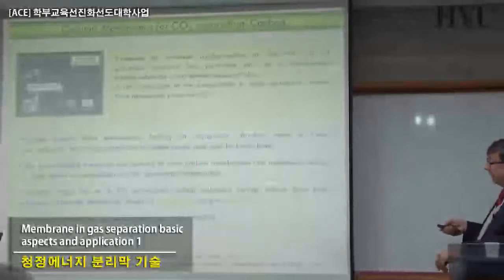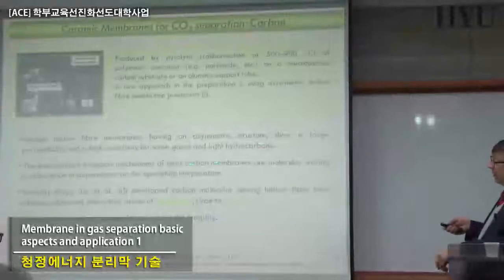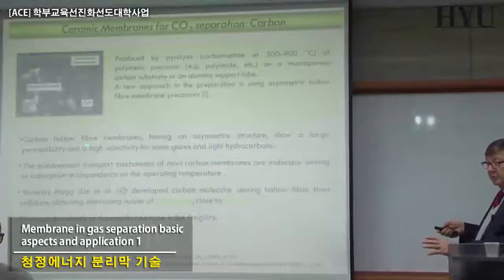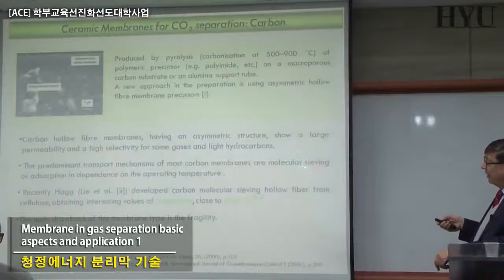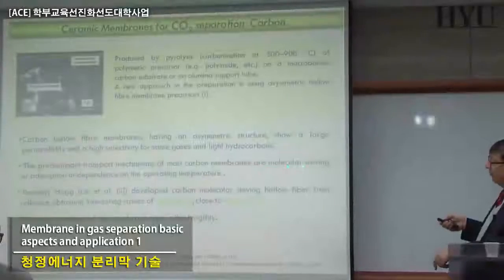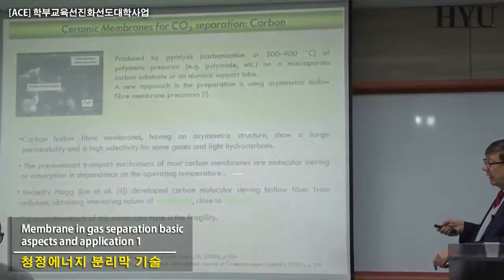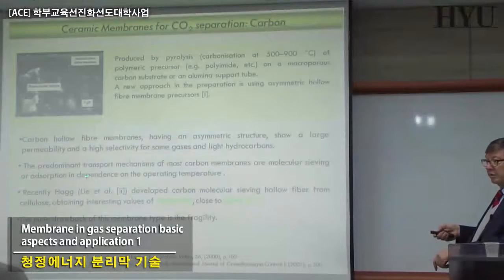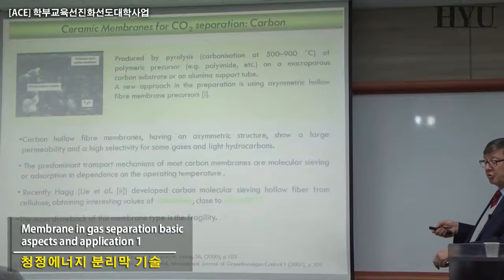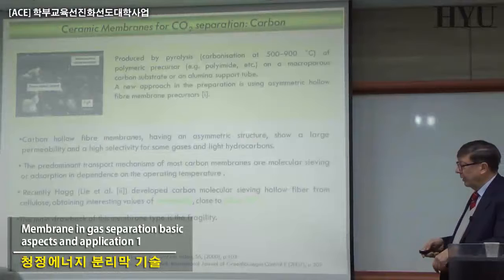And in this case, as I was mentioning before, the transport, and particularly the selectivity, is controlled basically by molecular sieving, and eventually also by adsorption phenomena related to the temperature at which you operate the system. But the sieving is the most interesting aspect.